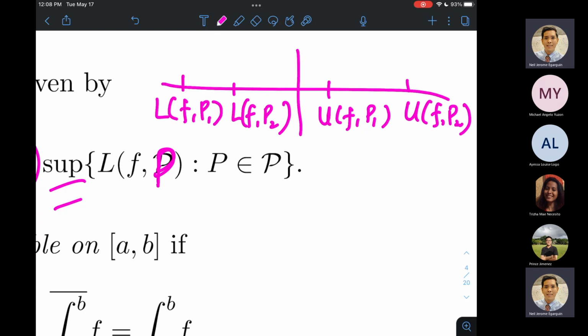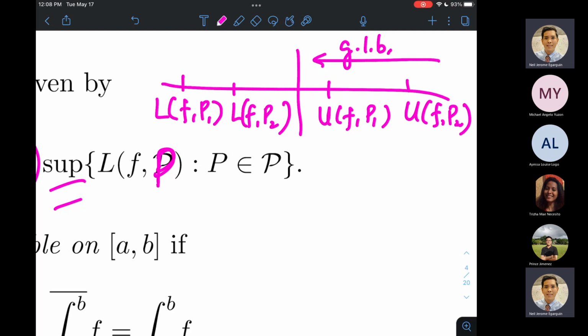So ibig sabihin, para mapagtagpo natin yung mga lower sums at saka mga upper sums into one common value, we want to drive the upper sums down, pababain yung value nila, kaya kinukuha natin yung greatest lower bound. Kinukuha natin yung infimum ng mga upper sums para mapababa natin siya ng konti.